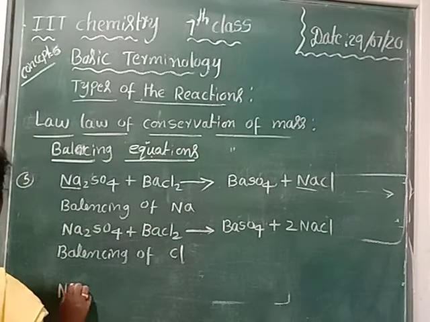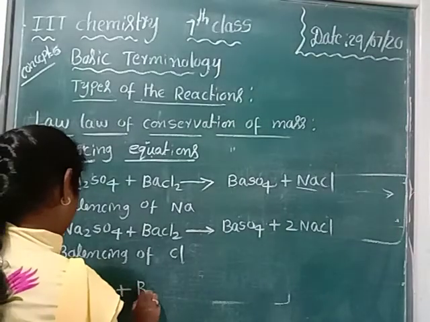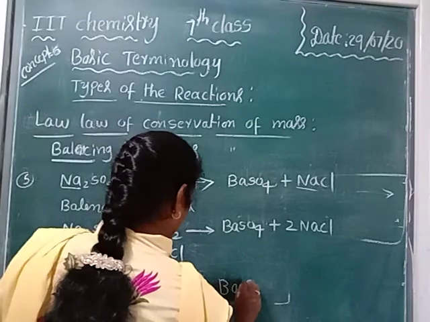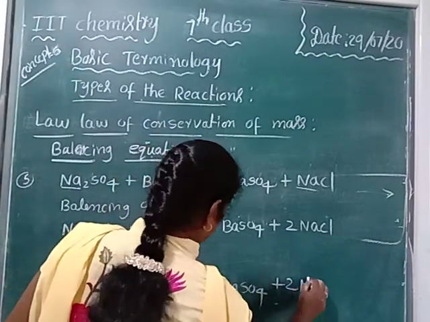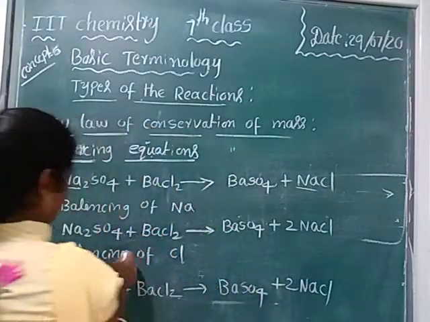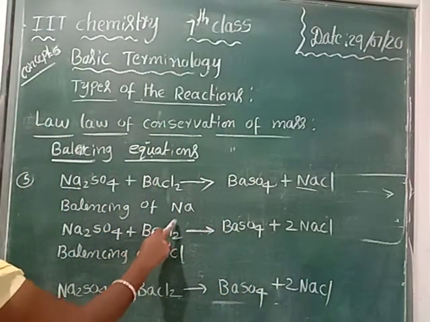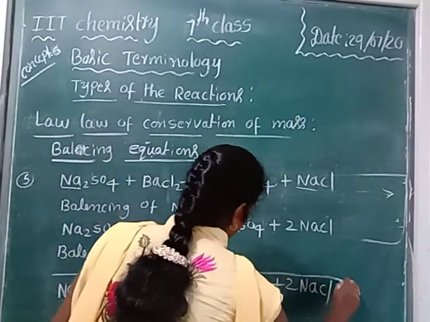No problem. Na2SO4 plus BaCl2 gives BaSO4 plus 2NaCl. Balancing of sodium as well as chlorine, no problem. So the final reaction is balanced.